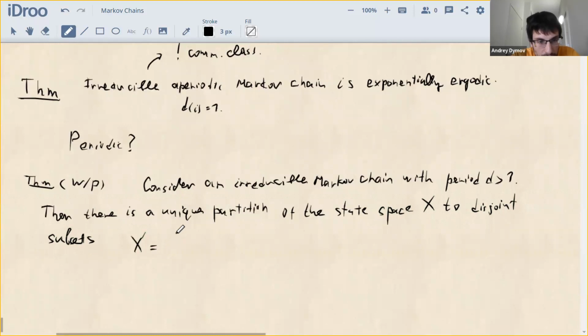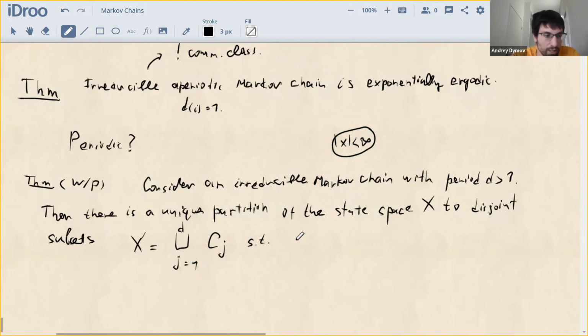X equals a disjoint union, for j from 1 to d, of some sets which I'll call C_j. I recall that we are talking only about finite Markov chains, so the size of the state space is finite.